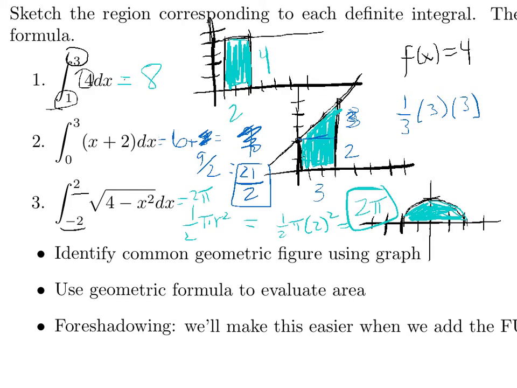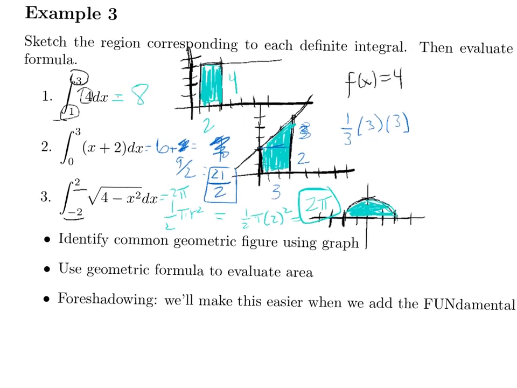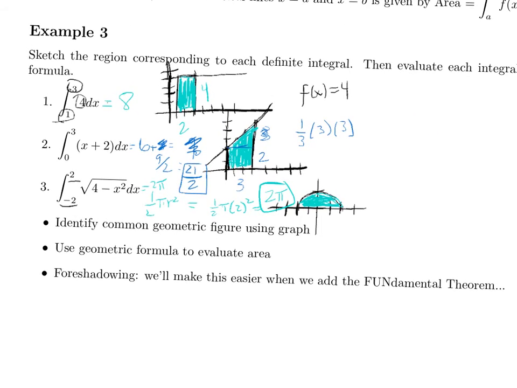All right. When we get to the fundamental theorem, this will all be easier, okay? But for right now, there are 2 ways we can find definite integrals. Either painful sum, which is the previous one we just did, or breezy area, meaning it's easy, breezy, easy area, okay?